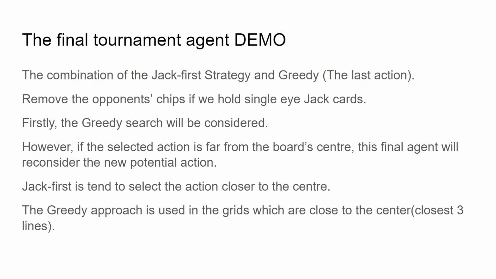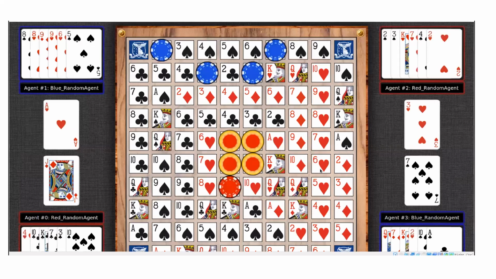For example, if we choose action A as the next action, but it isn't close to the center of the board, we will reconsider action A and choose another potential action, which is the closest to the board center and with a certain short length between the current possible actions and the previous existing actions. This is the scenario where we conquered the heart of the board.